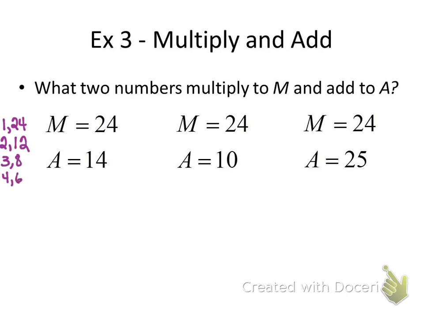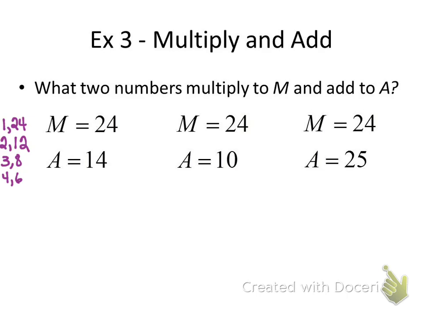All I'm trying to figure out is what numbers I can multiply together to equal 24. The M stands for multiply. I like to go in order so I don't miss one, because if I jump around and say 3 times 8 is 24 and I know 2 times 12 is 24, I might miss something. 5 times what gets me to 24?